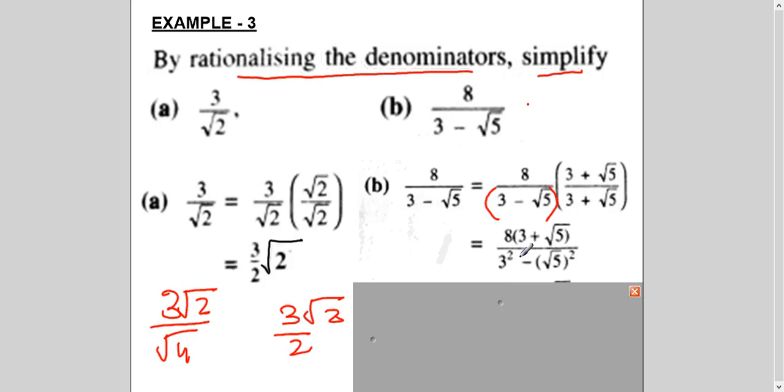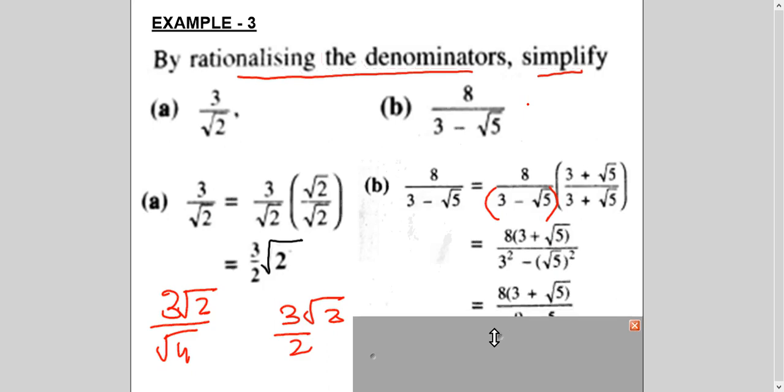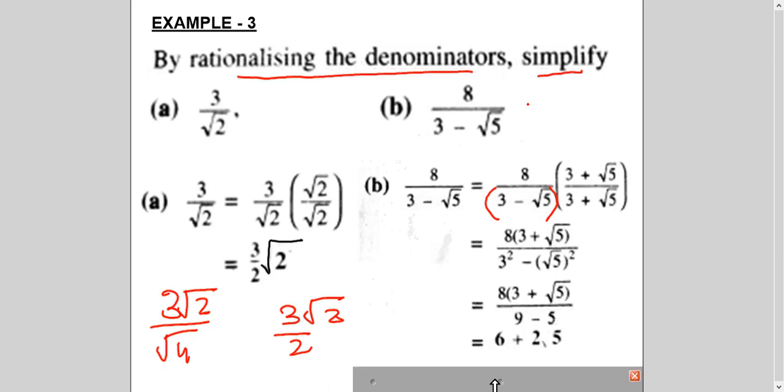So this will become 3 square minus root 5 square, right? A square minus b square, the identity I'm talking about. And then 8 will multiply by this. So 9 minus 5 is 4.